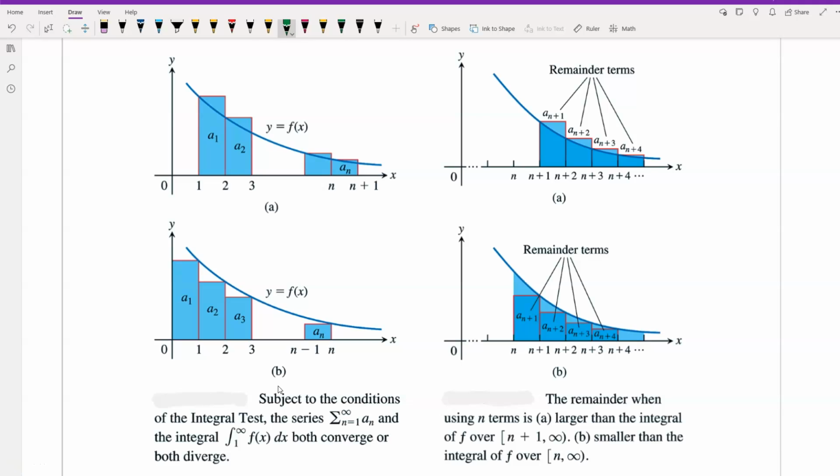Here on the side, based on this function y equal to f of x and the conditions that we have for the integral test, the series sum of a sub n from 1 to infinity and the integral of f of x dx from 1 to infinity both converge or both diverge.